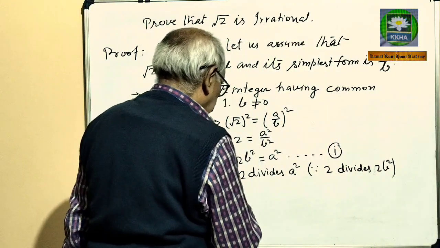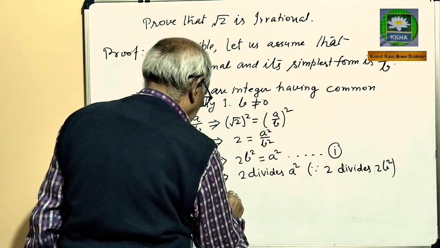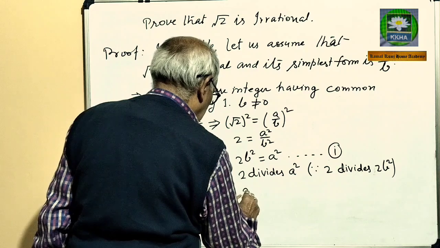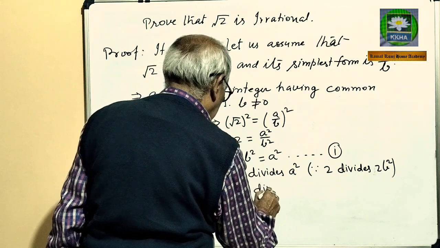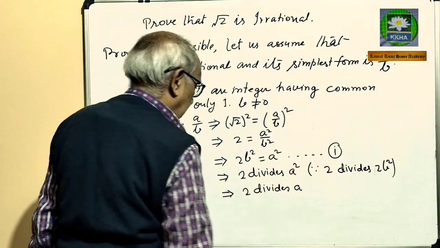Now since 2 is prime and 2 divides A square, this implies that 2 divides A.